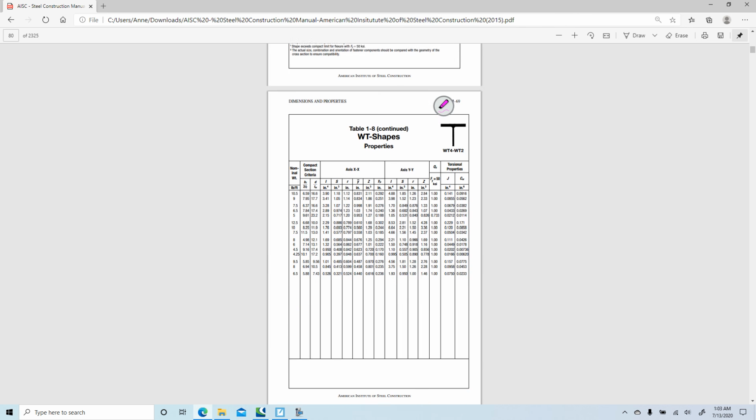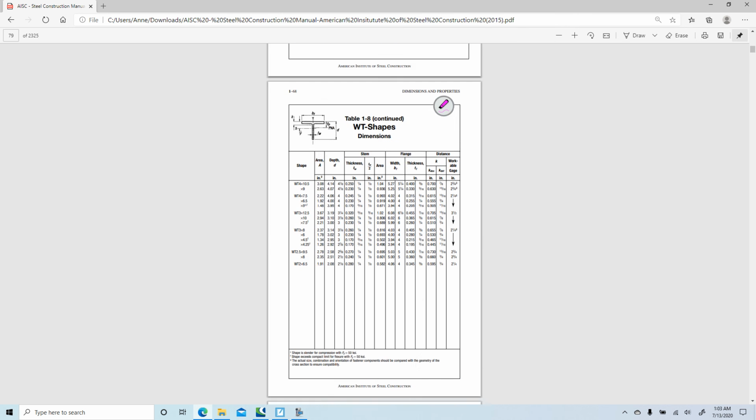I need to look at the y bar. Right, if you look at this image right here, I need this dimension. So I'm actually looking at a y bar. If you compare that to what you're looking for in the shear lag table, that's what it looks like. So even though it says x bar, it just means eccentricity, but it could be a y bar as the actual symbol.